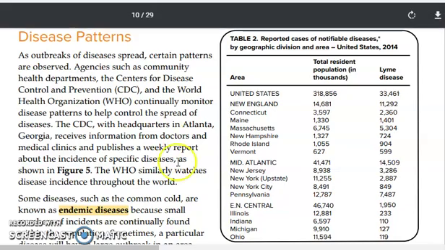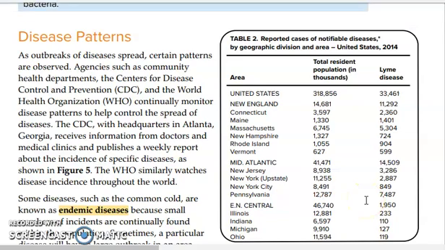And please, I want you to visit your book, page 721. You will find this table. This table is a disease pattern for Lyme disease that appeared in the United States in 2014, showing how they find out the number of total people that have the disease in each area. So they give the total number of residents and the number of people that are affected to find out if this disease is epidemic, pandemic, or endemic.